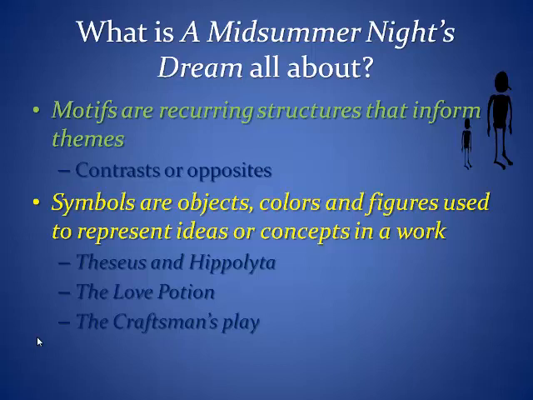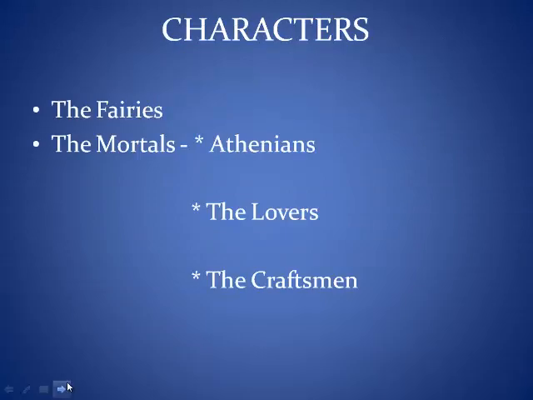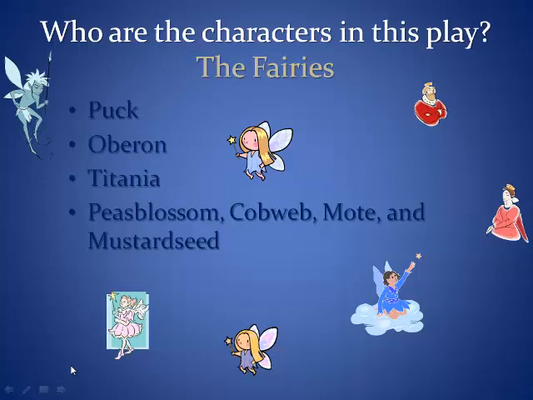Who are the characters involved in this play? The major classification of the characters can be done as the fairies and the mortals. The mortals can further be grouped as the Athenians, the Athenian lovers and the craftsmen. The fairies. Puck.